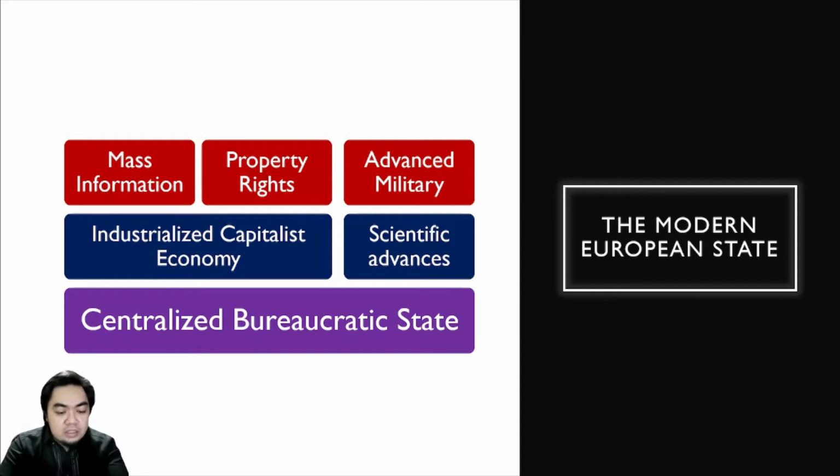As Europeans became more and more centralized, and their notion of who they are, their notion of nationalism, began to solidify, they first had to facilitate the creation of the modern state, coming from the 1500s all the way to the 20th century and into the 21st.